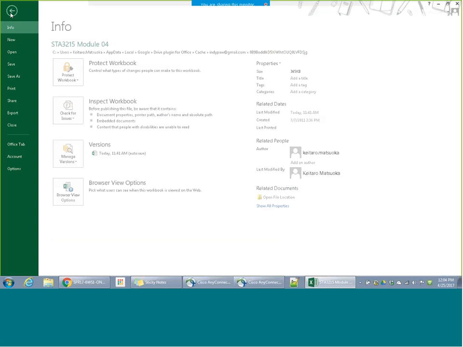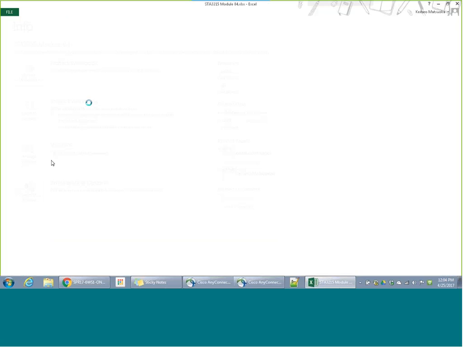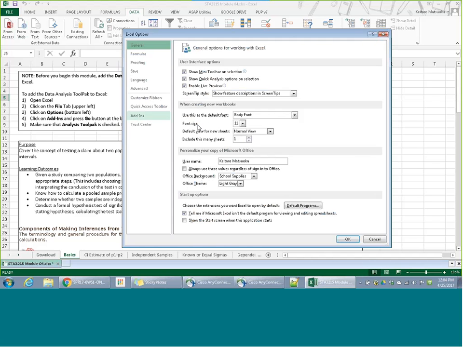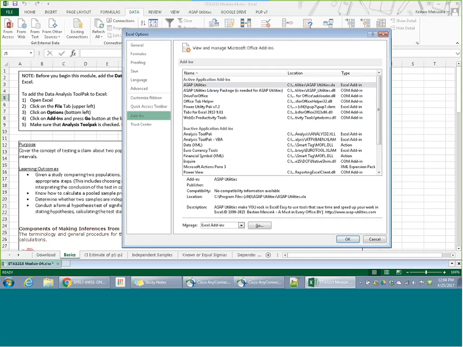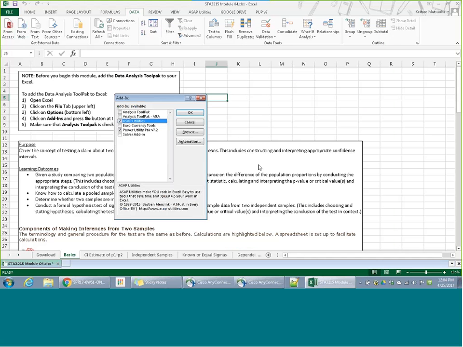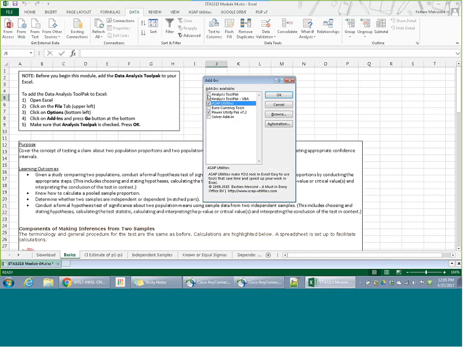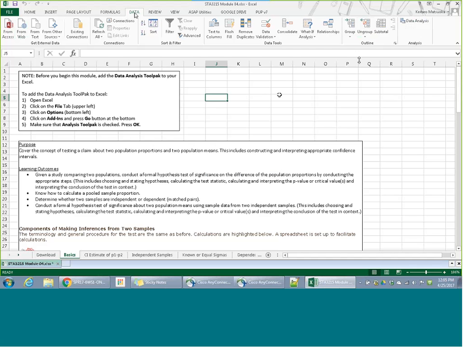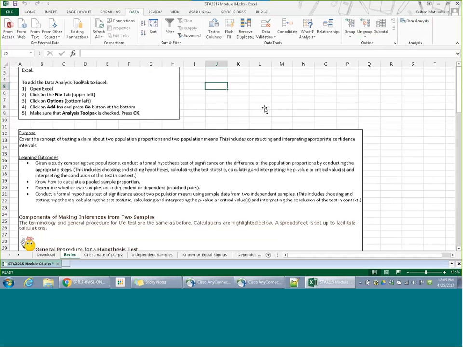Go to File, Options, and Add-ins, then Add-ins down here, and click Go. Click on the Analysis ToolPak if it's not checked. Press OK. Now if you go to the Data tab, you should see Data Analysis here. If you don't have that, add that in by doing what I just did.